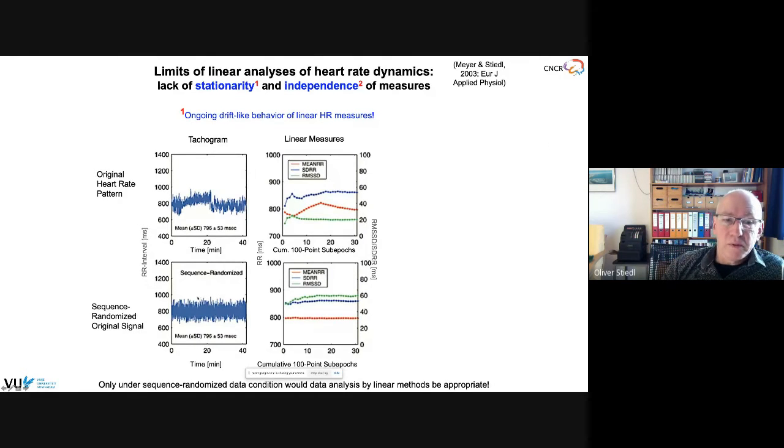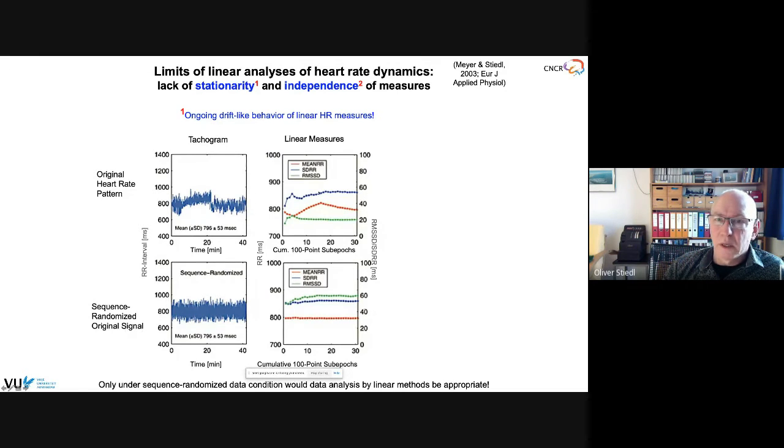So if we now sequence randomize this, meaning we reshuffle the sequence, we still would measure the same mean. Now this individual information follows exactly the rules that we need to apply linear statistics. There is in the beginning a little drift of the data, and then they merge at stable values.